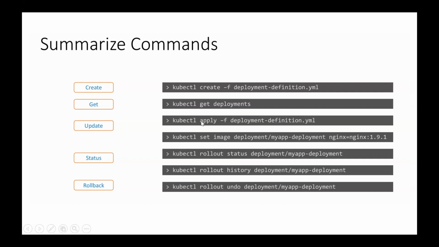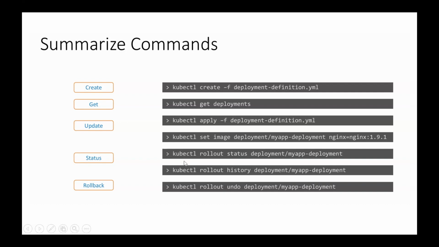Suppose you have to update the image name to something else in your Kubernetes deployment container. You can either run the first command, kubectl apply -f, after changing the image version in this file, or you can also run kubectl set image with the deployment name and image name.